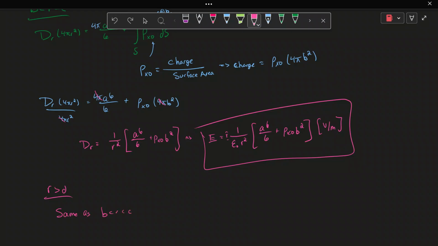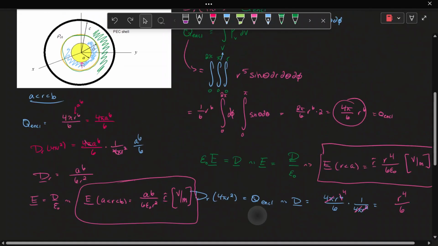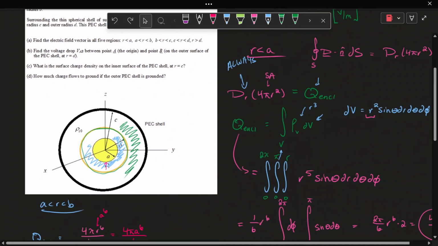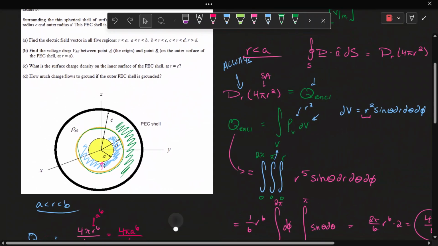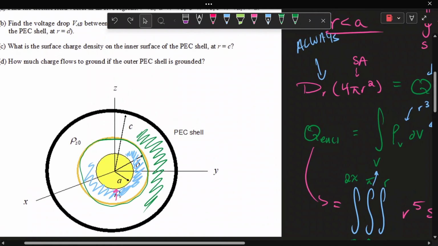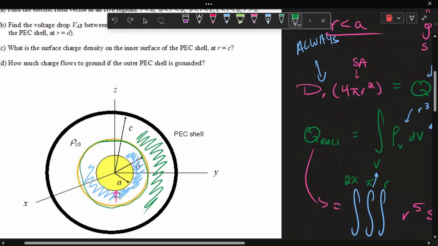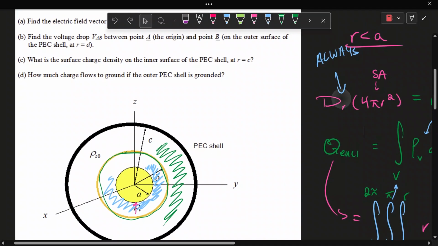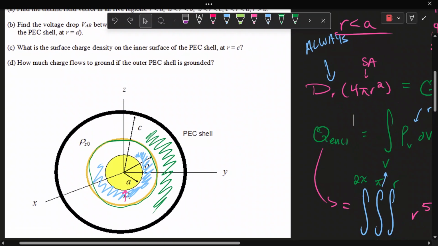Well, why is that? Well, the perfect electrical conducting shell, I believe that's what it is, the PEC shell, doesn't change the electric field vector. Well, what does it do? What does the PEC shell do? We'll talk about this more in the next video, actually, because parts C and D all have problems, or this is the answer to them.